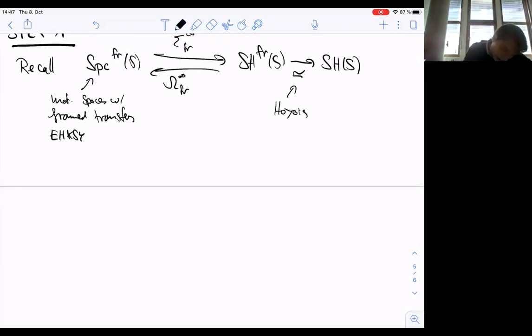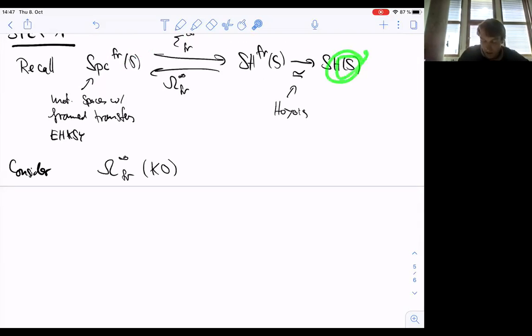So what I want to consider is: I do this Omega infinity framed of KO. Right, so KO certainly lives in here, and so under this equivalence, I can move it to here, and then I'm delooping it to here. So this is going to be a framed space, and I'm going to denote it by GW.